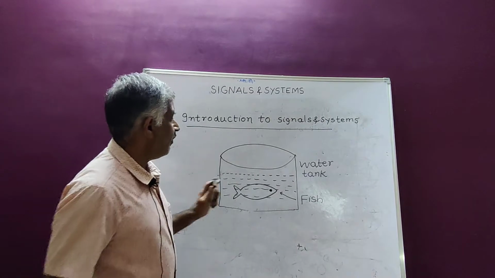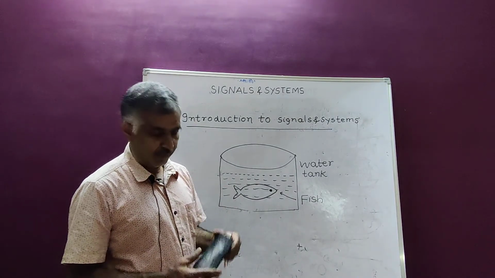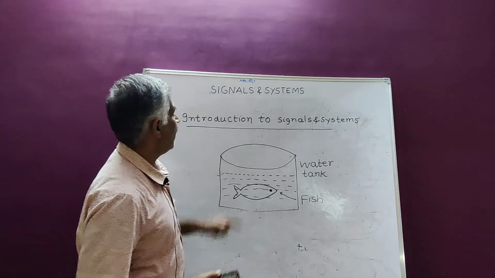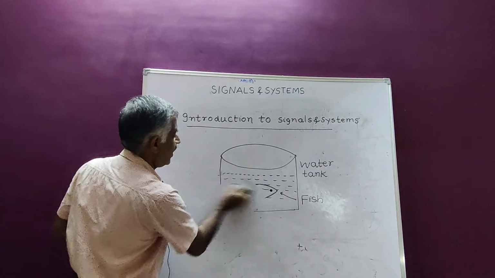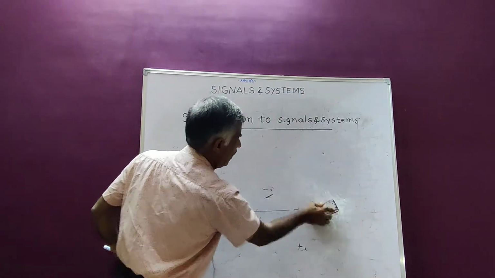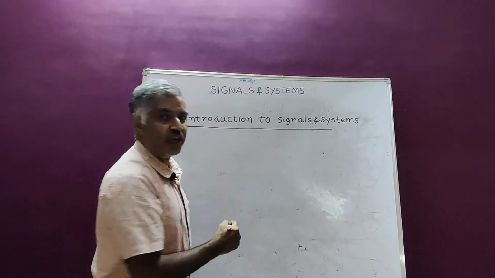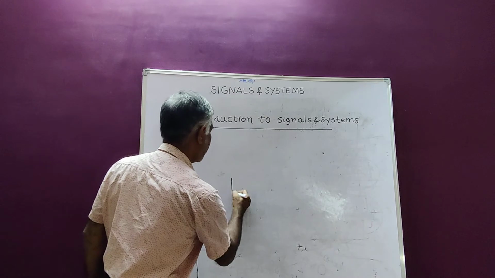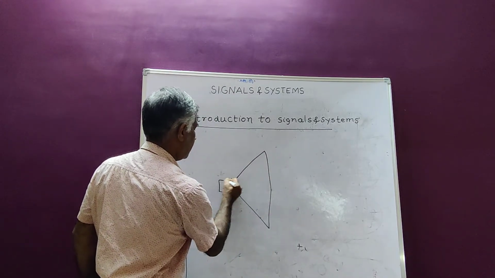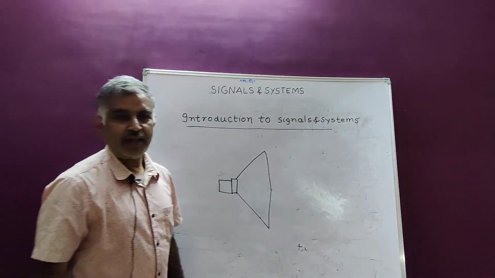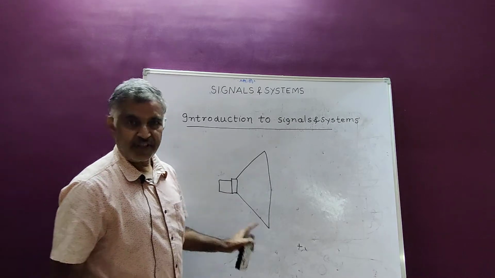Now I will give some examples which we come across in our everyday life, and you try to identify signals as well as systems. The first example I will take is that of a speaker, a speaker used in radio, television, etc. A speaker is a good example of a system.